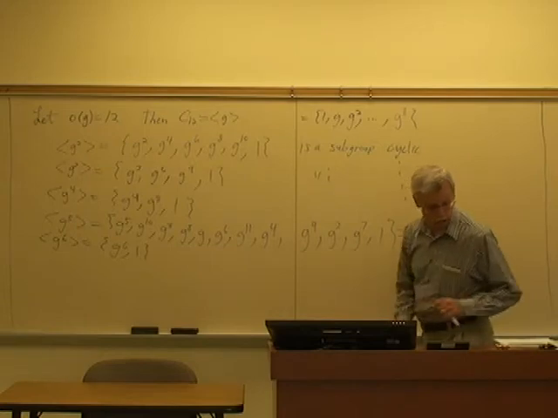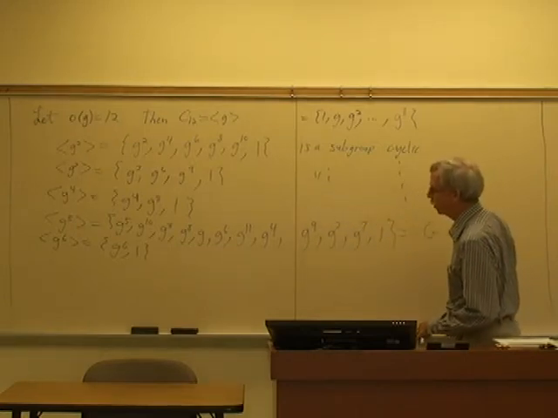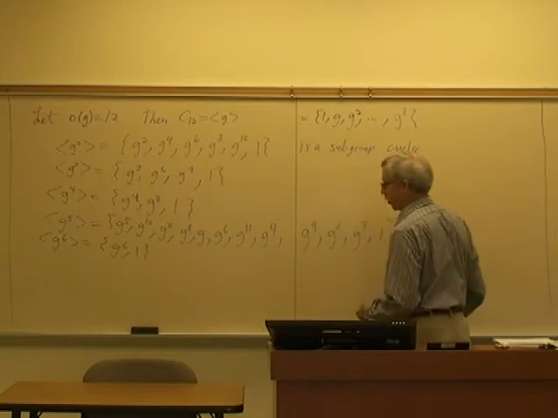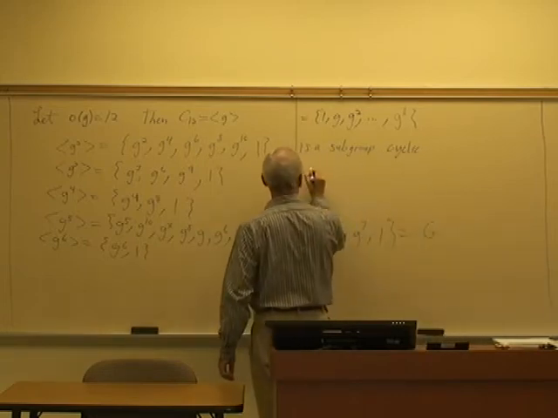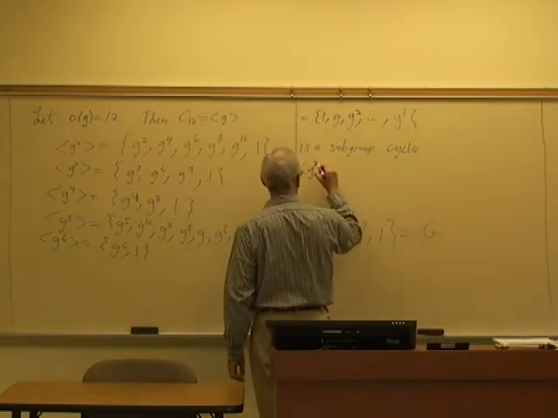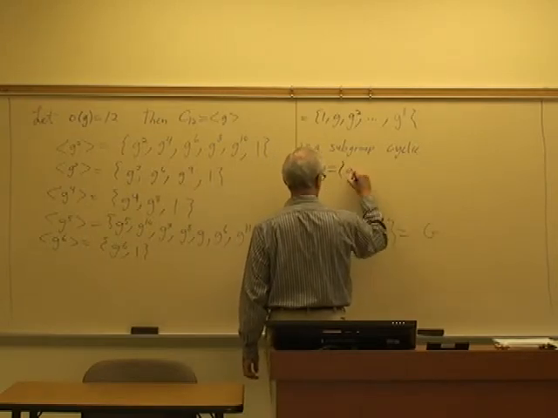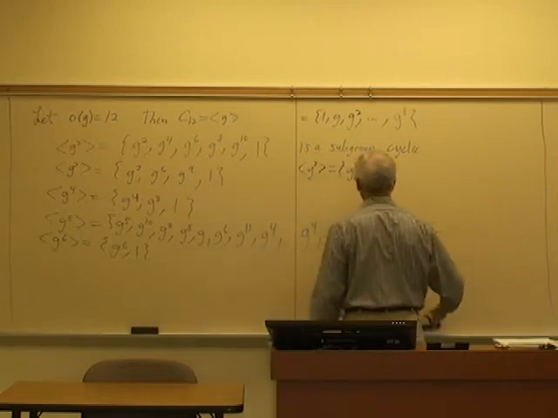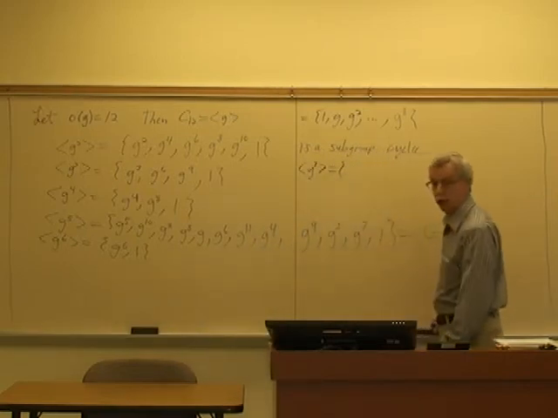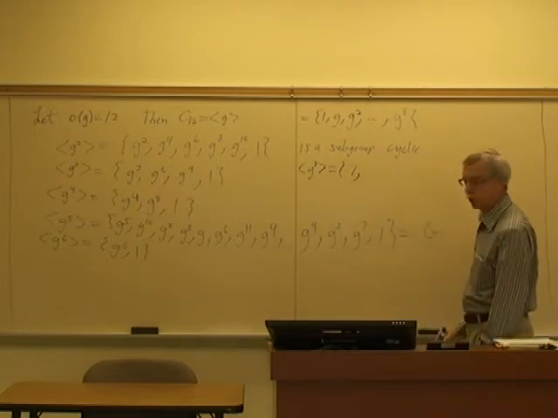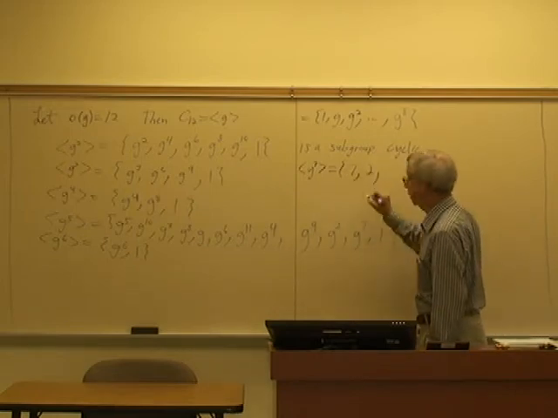All right, one more then. And these are all cyclic subgroups. So I'll use this space right here. Let's try G to the 7th as my generator. And actually, I can really take shorthand here, right? All I care about is the exponents. 7 and 7 is 14, which is 2.